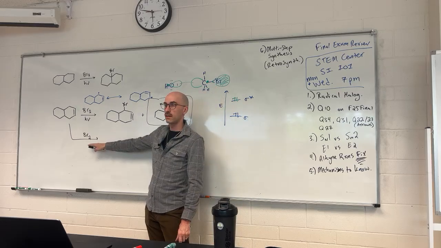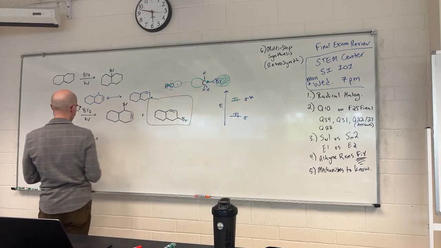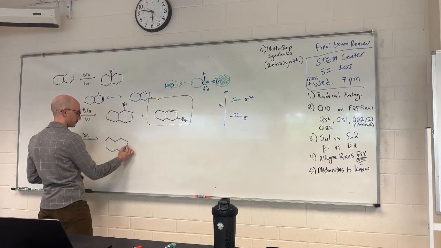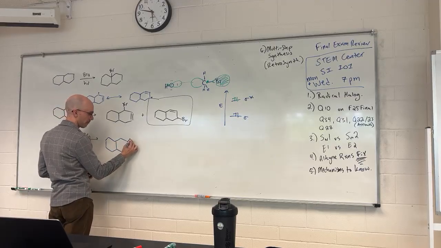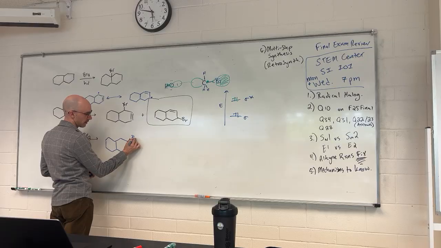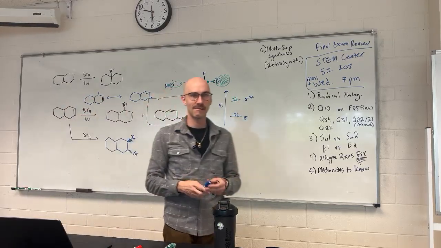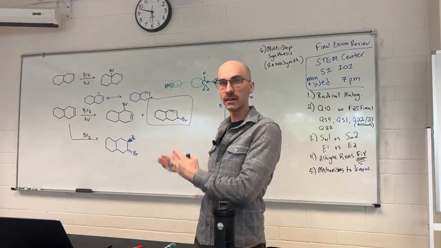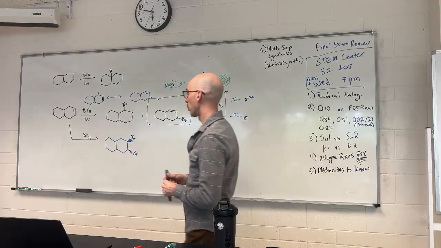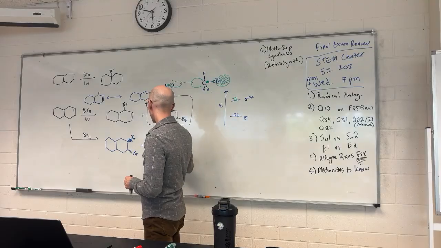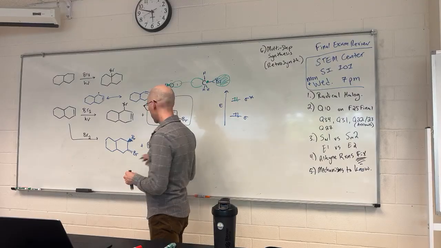This one consumes the pi bond entirely. And if we wanted to show stereochemistry, the two halogens form anti to one another, which means that this enantiomer forms and the other enantiomer forms.